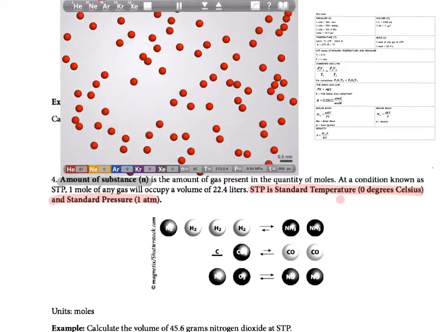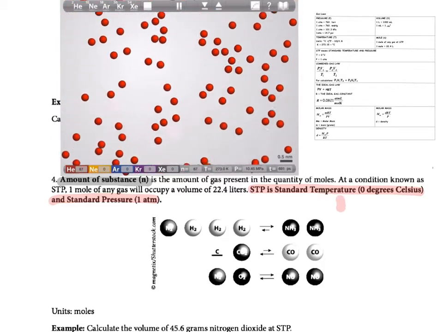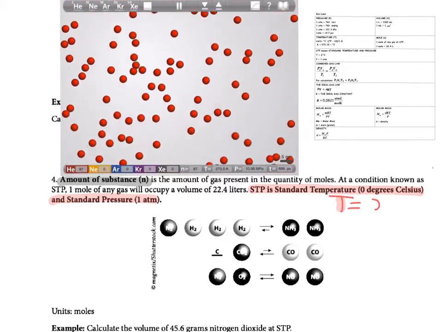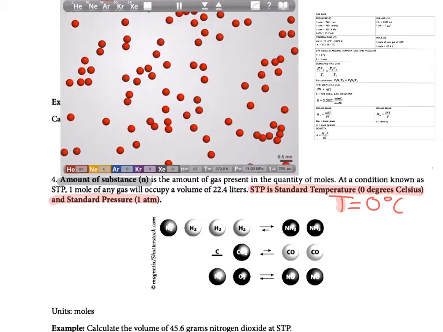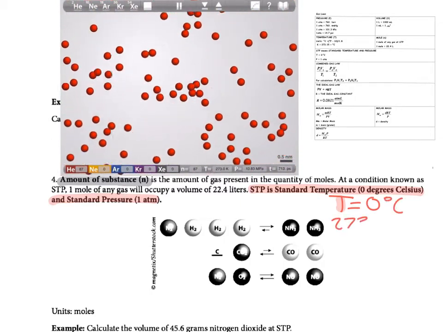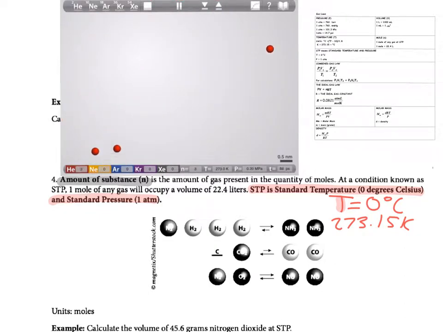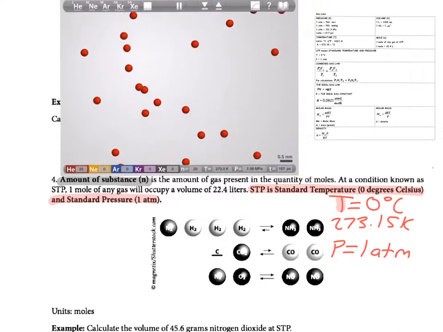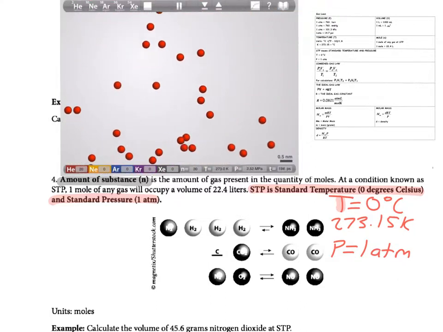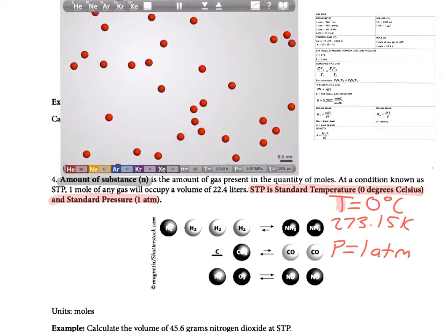At STP, our temperature is 0 degrees Celsius, or of course 273.15 Kelvin. So that's the condition of STP. And the pressure for STP is 1 atmosphere, which could also be 760 torr, 760 millimeters of mercury, or 101.3 kilopascals.